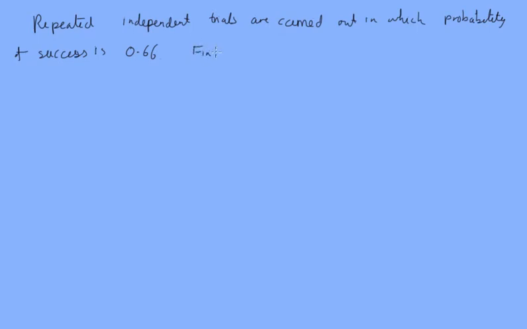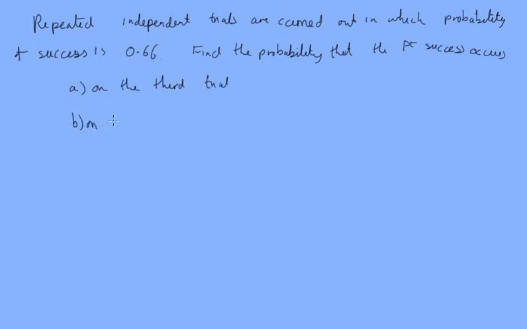Find the probabilities that the first success occurs on the third trial, on or before the second, or after the third.